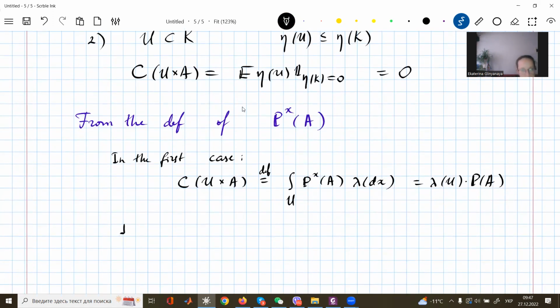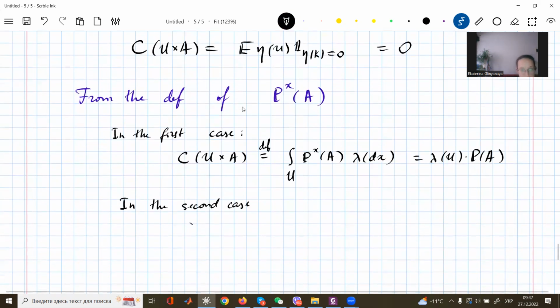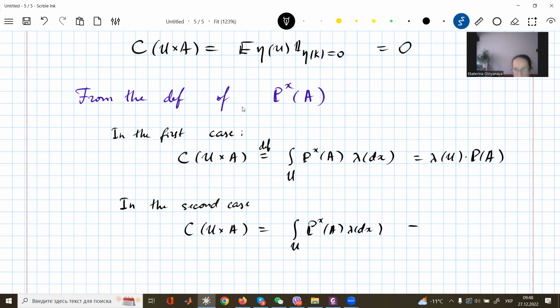So in the second case, we have 0 at all, for C of U times A. So I will continue that this is equal to the integral of P_x of A, lambda dx, and this is equal to 0.